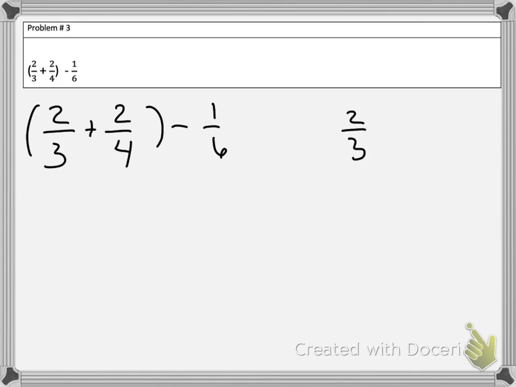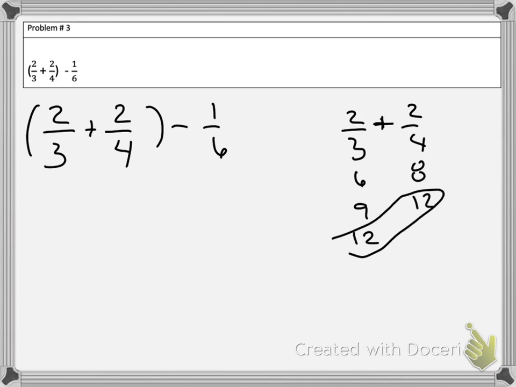So let's go ahead and do 2/3 plus 2/4. Let's do the common denominator, because they have different denominators. That's going to be 6, 9, 12, and 4, 8, 12. There you go. So this is going to be times 4, and this one times 3.